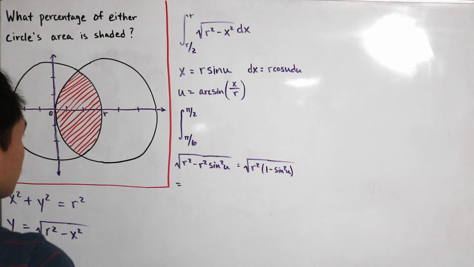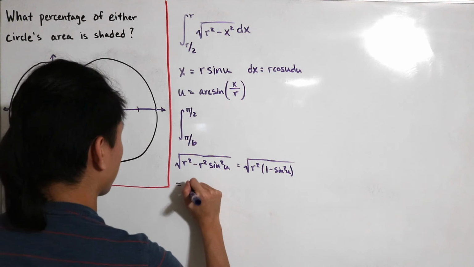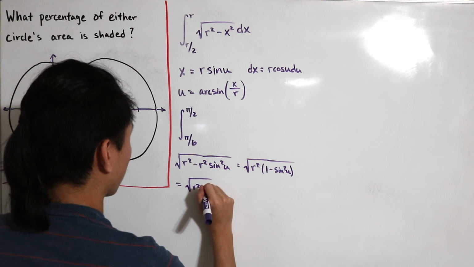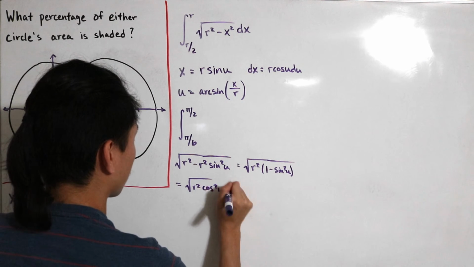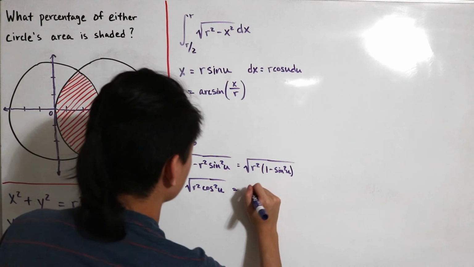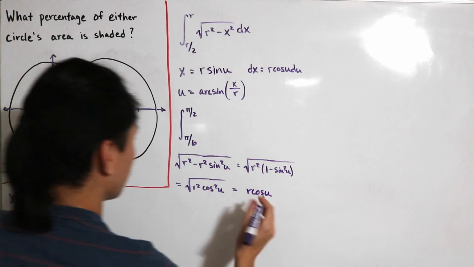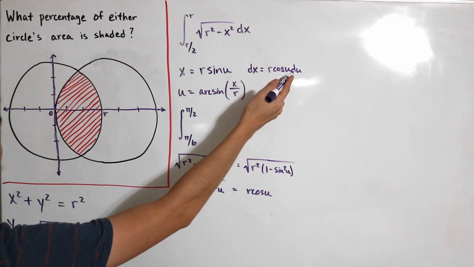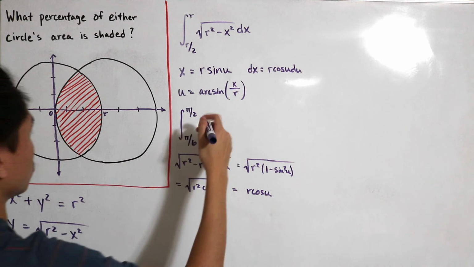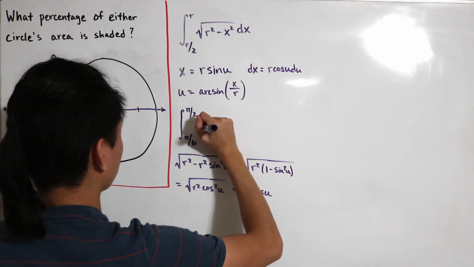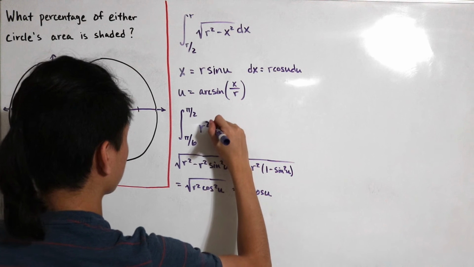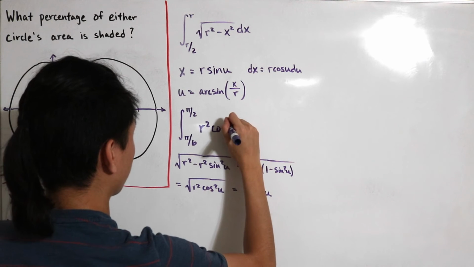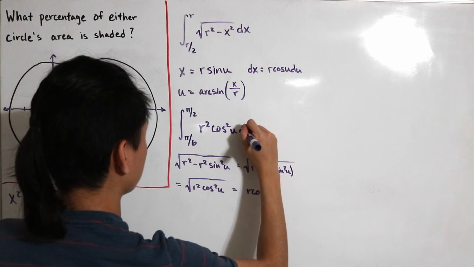Using your trig identities, 1 minus sine squared of u is the same thing as cosine squared of u. So r squared cosine squared of u is just r cosine of u. I'll put that back in there, but don't forget to multiply by your dx substitution, r cosine u du, therefore it's r squared cosine squared of u du.